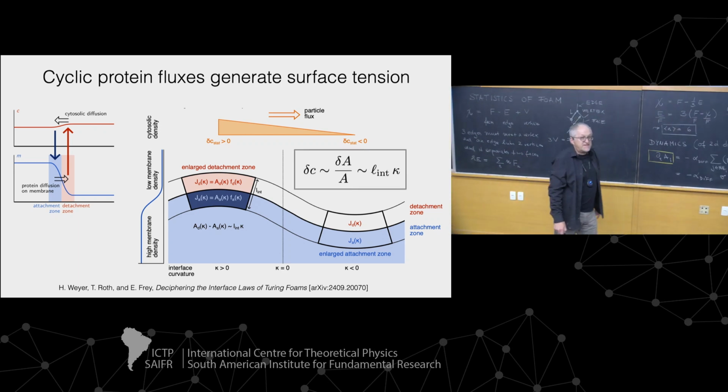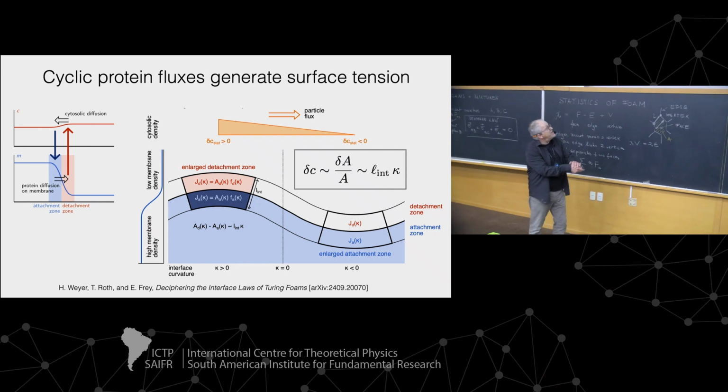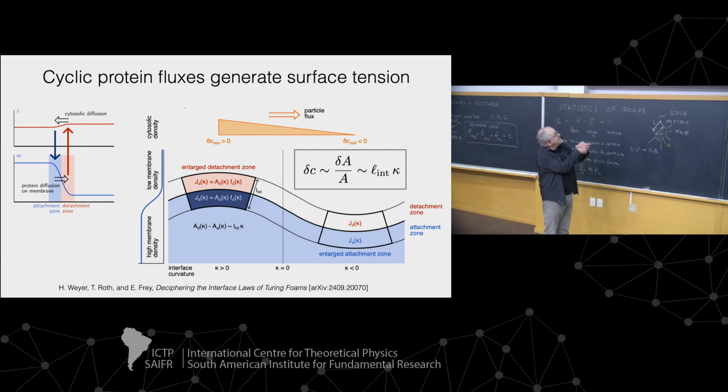And you can even estimate what this is, right? Because the gradient delta C that you have here will be, by geometry, the difference in area created by bending it divided by the area. This difference in the area is proportional to two things.